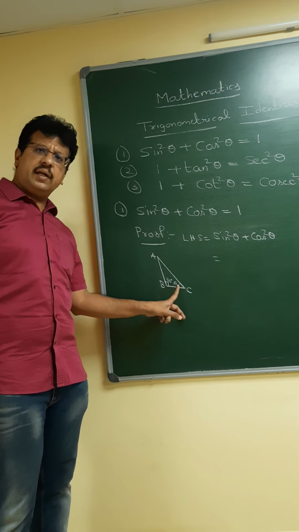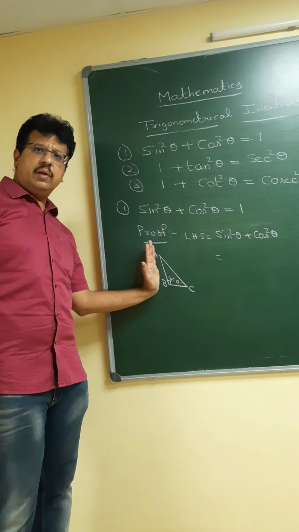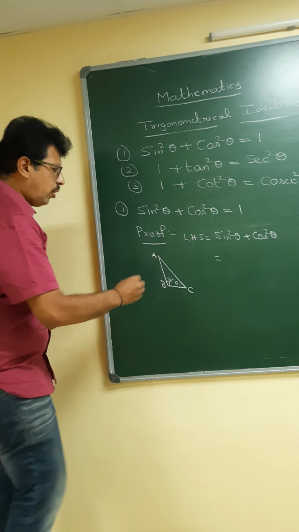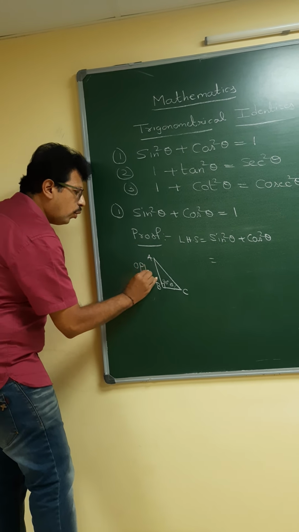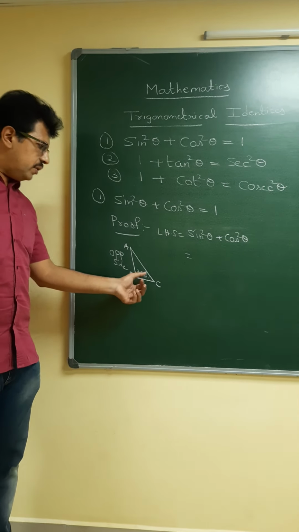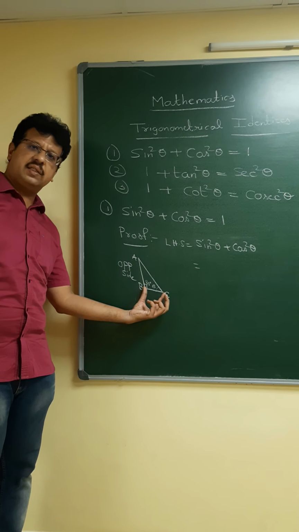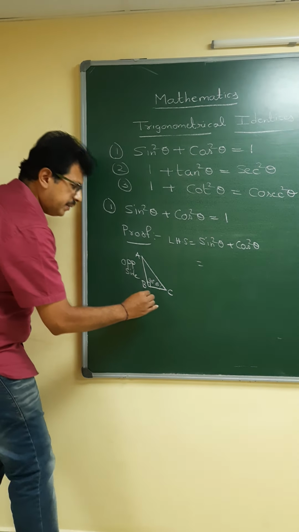See, for this angle theta, the side opposite to theta is AB. This AB we call the opposite side, OPP. And for this theta, BC is the side adjacent to theta; we call it the adjacent side.